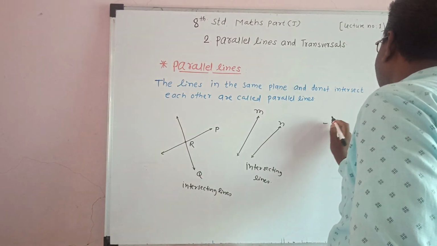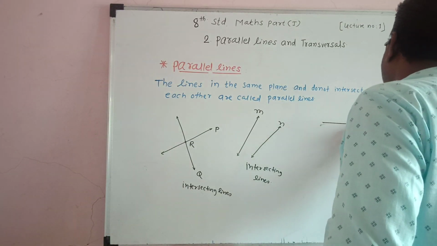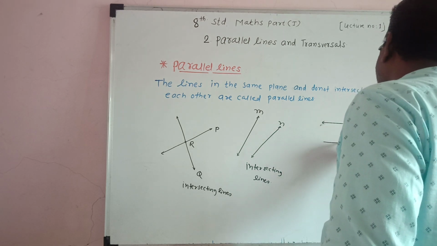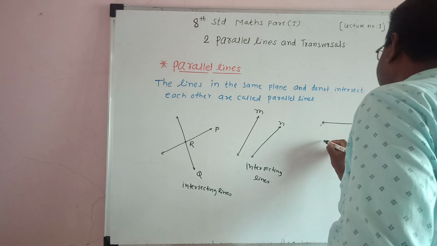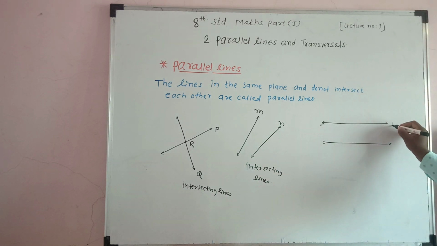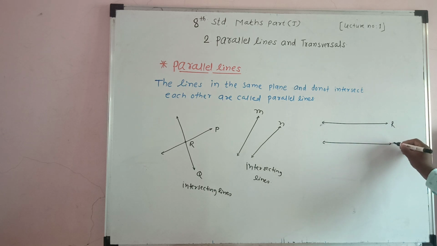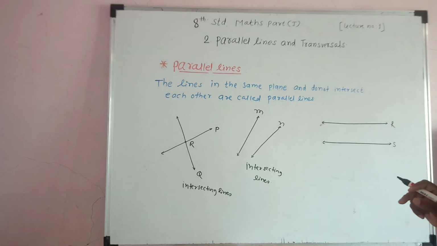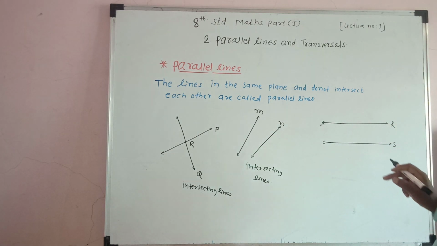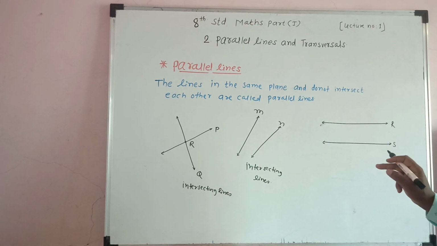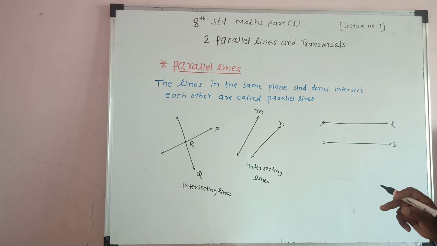Now, draw two lines. Let these two lines be R and S. These two lines do not intersect with each other, and these two lines are in the same plane. Plane is a flat surface.